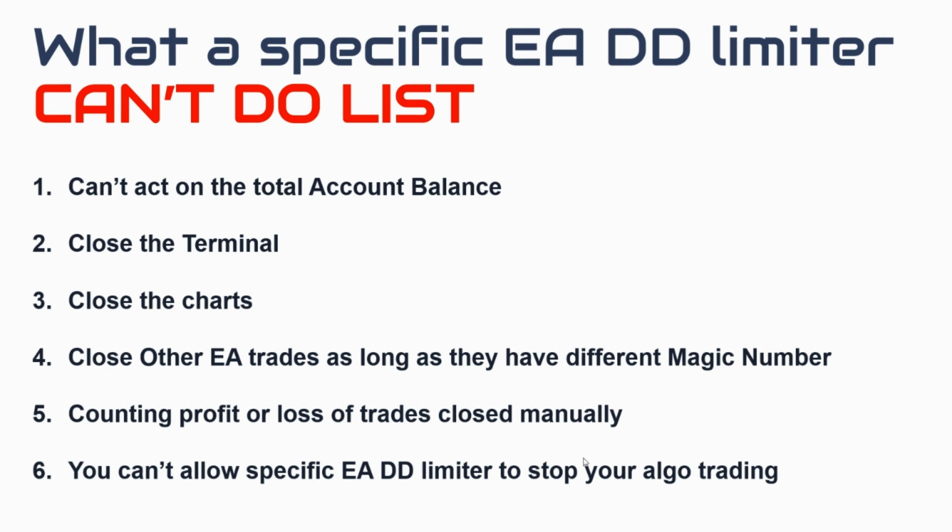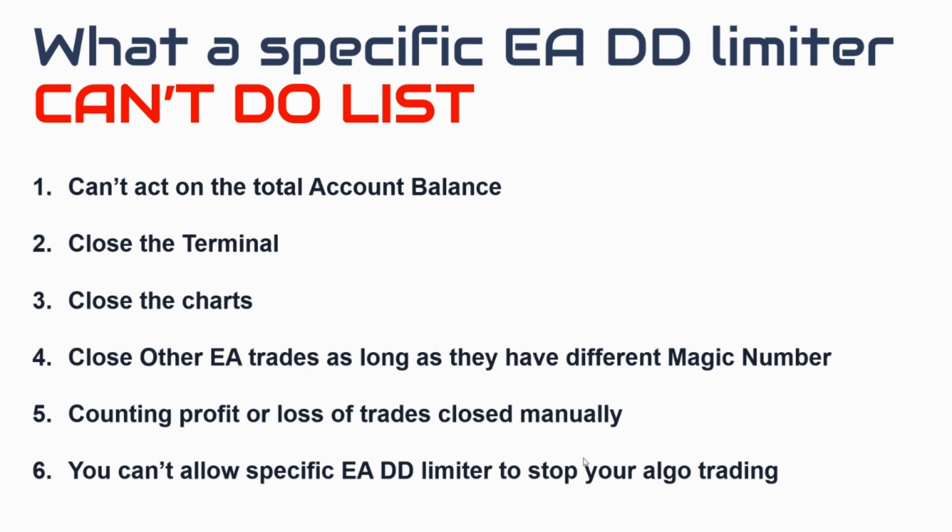In MT5, we have a different way to handle that position. So we have what we call a deal, an order, and then a position. When the EA opens a trade with a magic number, the deal in will have this magic number. However, if you close it manually, the deal out will not contain any magic number and it will be considered as closed manually.